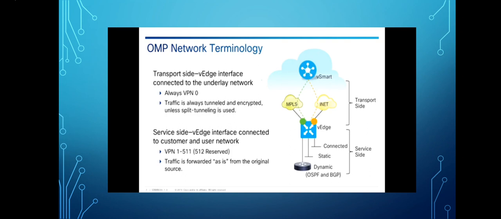The transport side will be using VPN 0. Traffic is always tunneled and encrypted unless we are interested in split tunneling. If we are going to use a split tunnel, at the service end we'll be using 512, which is reserved for management, and 1, 2, 511 at the data center. Traffic is forwarded as is from the original source.